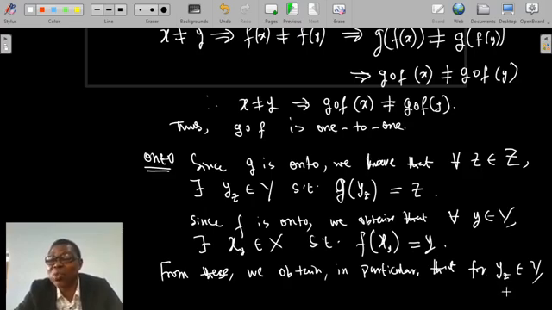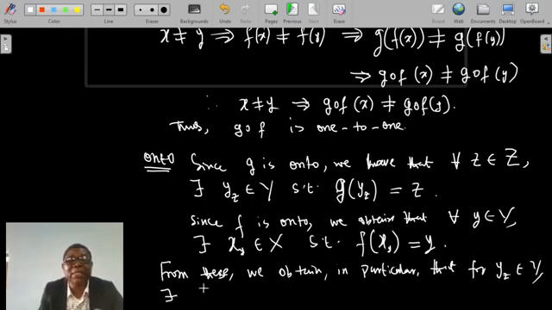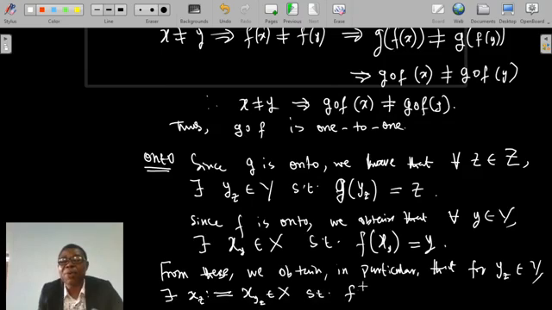It means that since this yz in Y, we can also find a corresponding x in X. So for this yz in Y, there exists what I'll call xz, which is defined as x sub yz in X, such that f of xz will be equal to yz. This is because f is onto.